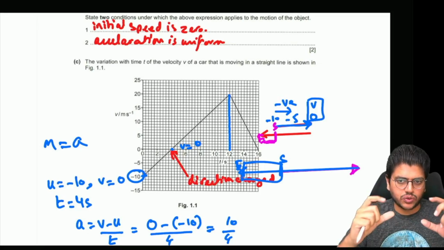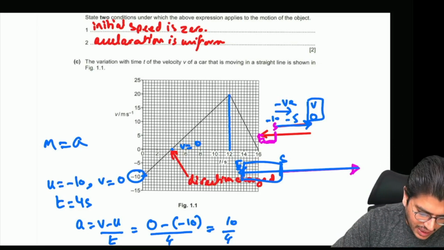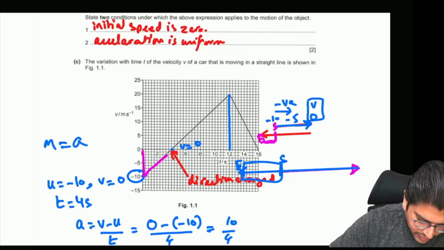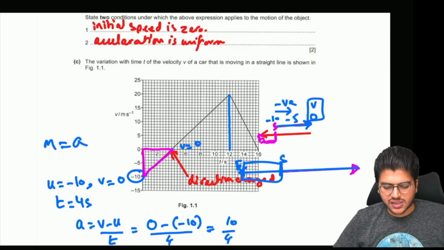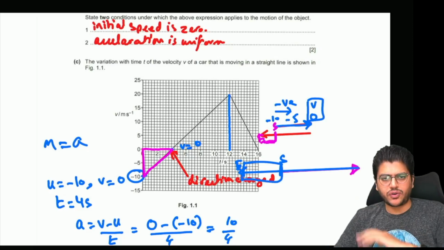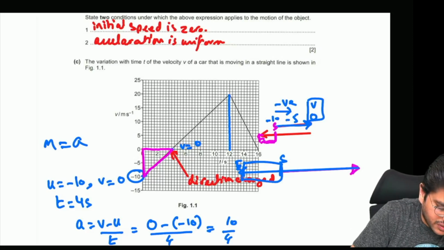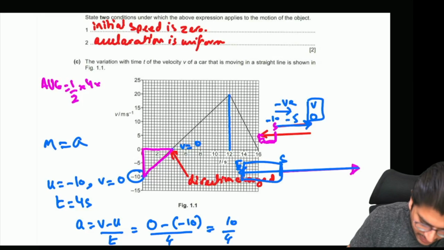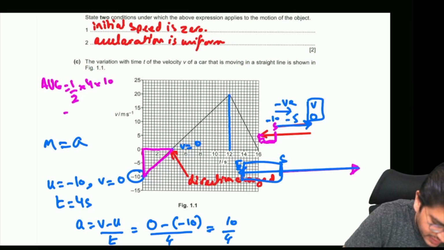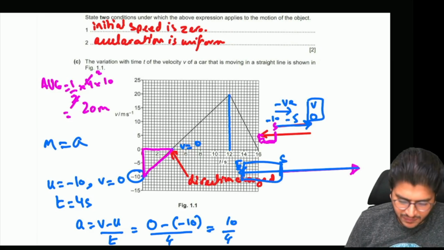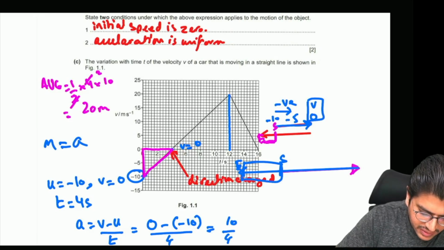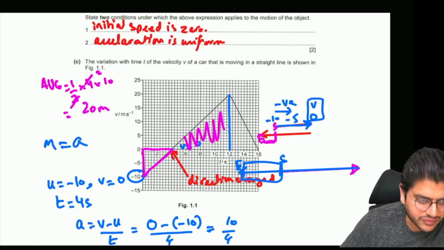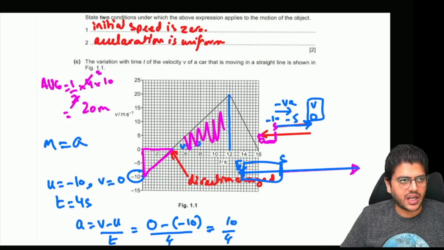So calculate the two distances. Calculate this area under the graph. Because in this, you were moving right, for example. So this area under the graph is going to be half into base into height. So half into 4 into 10. So this is going to be 2 and this is going to be 20 meters. And then you calculate this area under the graph. Because this is when you change direction.